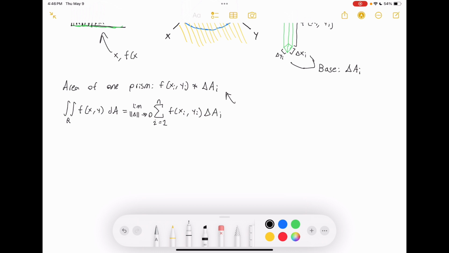And that, right there, is our definition of a double integral.